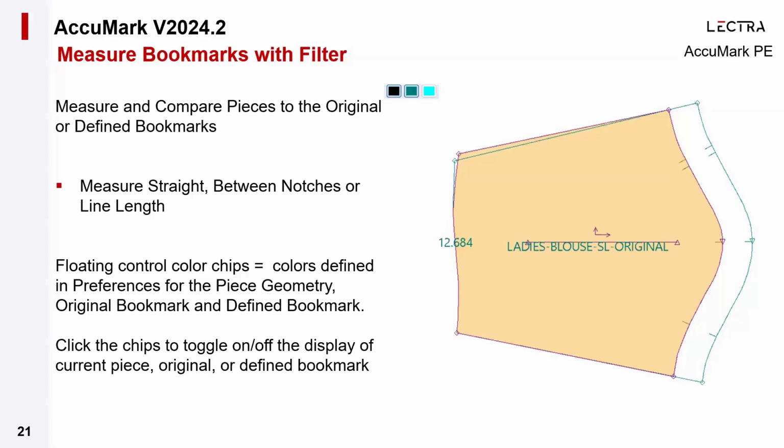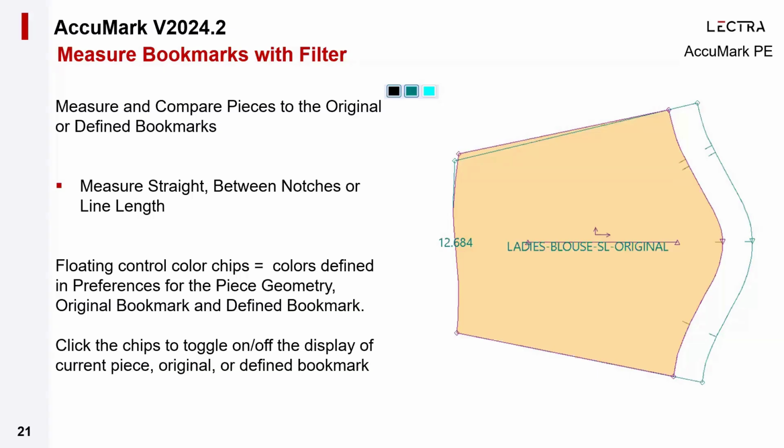I have a black and a teal and a turquoise color. Those are all user definable colors. The color chips are user defined in the preferences. So you can say that I want to filter out or toggle on or off a certain element so that I can get better control over what I'm actually measuring.